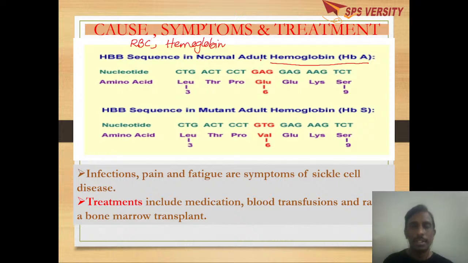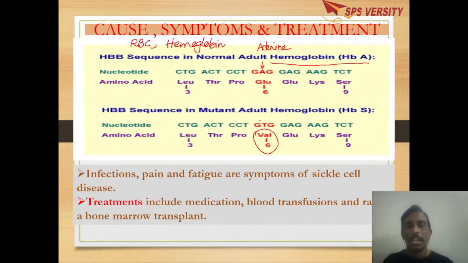The reason for this is the replacement of adenine, that is A means adenine. Due to a change in one single base pair, adenine is replaced with thymine. So obviously the amino acid also changes, instead of glutamic acid it becomes valine.